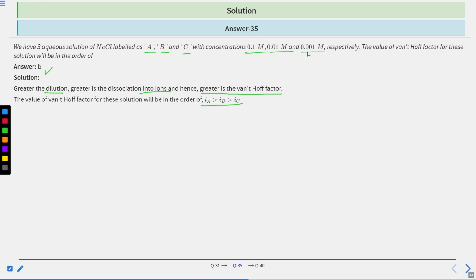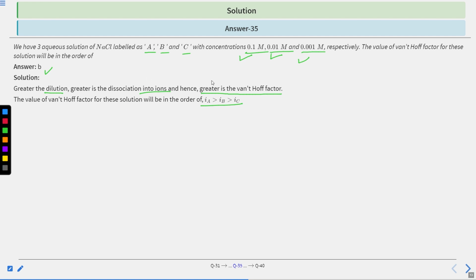So the most concentration is present in A and least concentration is present in the C solution, right? Hence, the Van't-Hoff factor order will also be the same for these three, like the most in A, then in B, and least in C, right?